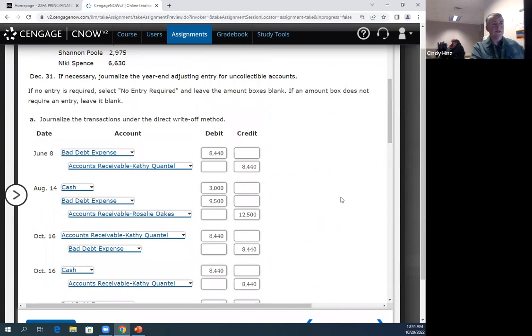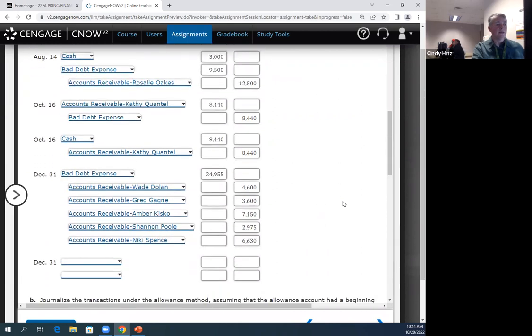And the last entry says, if necessary, journalize the year-end adjusting entry for uncollectible accounts. Well, if we are using the direct write-off method, as we are here in Part A, there is no entry. We don't estimate upfront, and so there is actually an option that says no entry required.